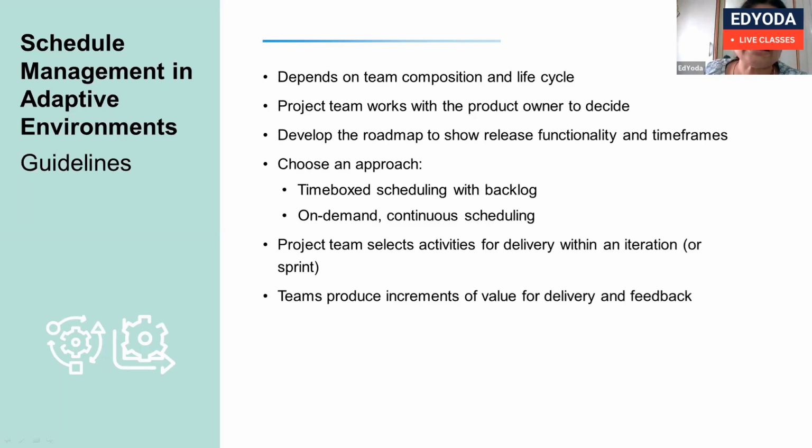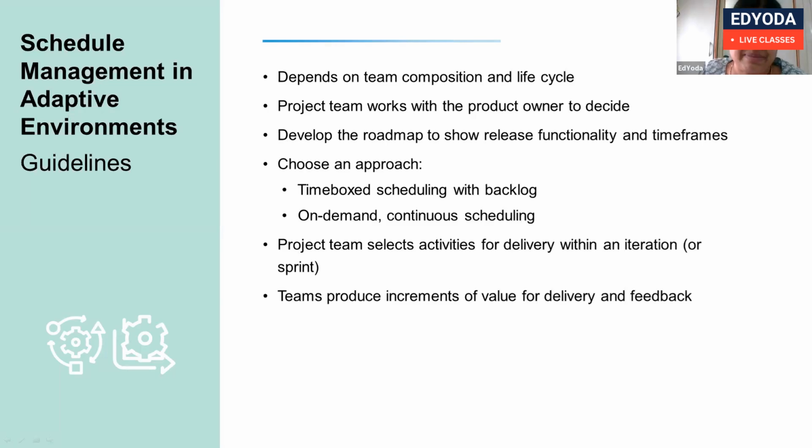Project team selects activities for delivery within an iteration. That means in that iteration, the project team will decide whether to release anything or not. Now, the team produces increments for value delivery and feedback.